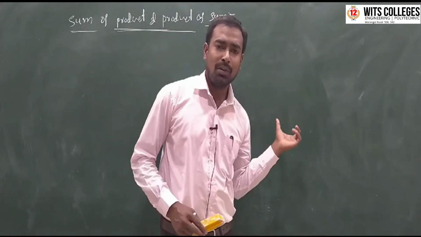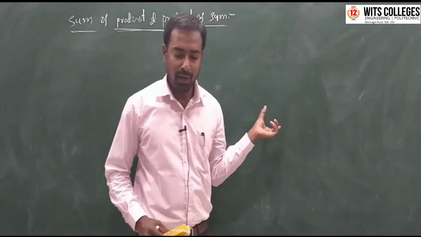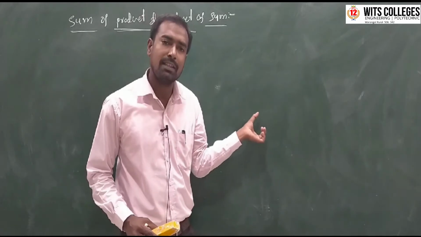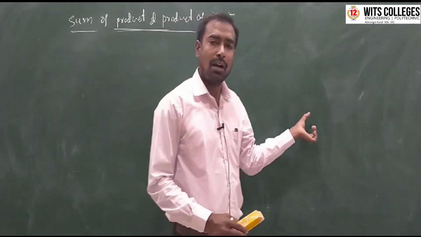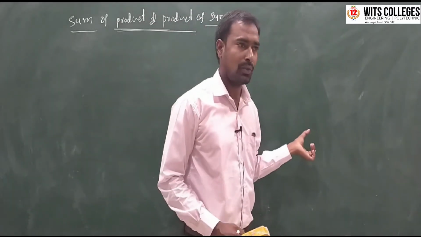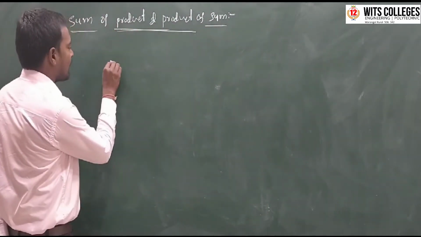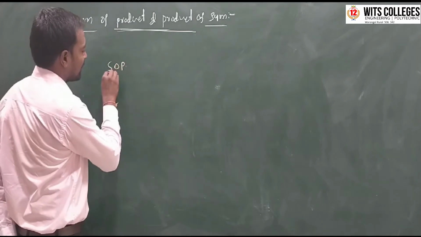Okay, coming to sum of products, a sum of products is a type of Boolean expression where several product terms are ORed together. It is also called SOP.